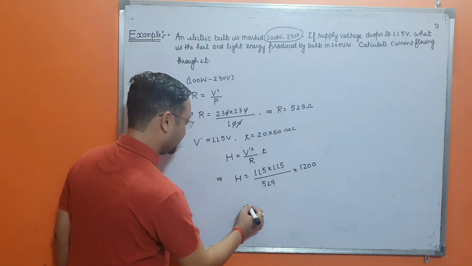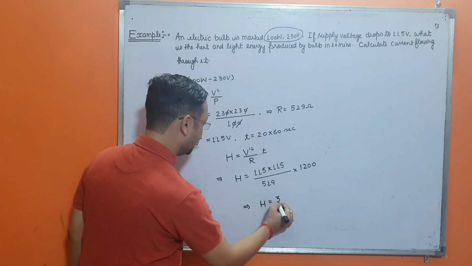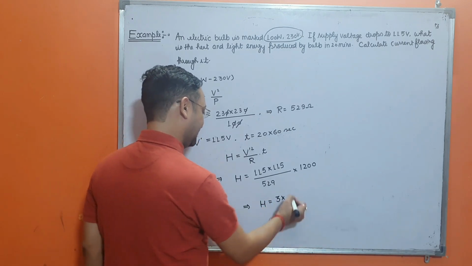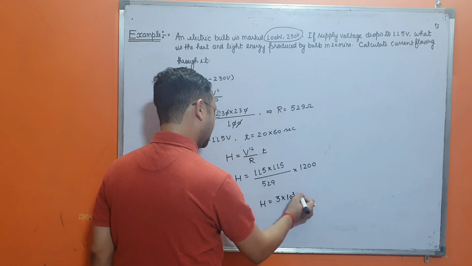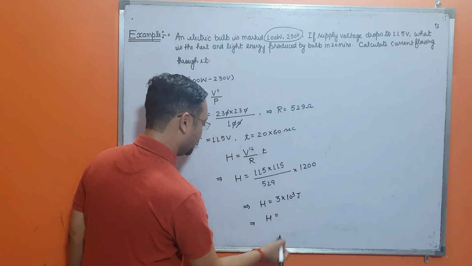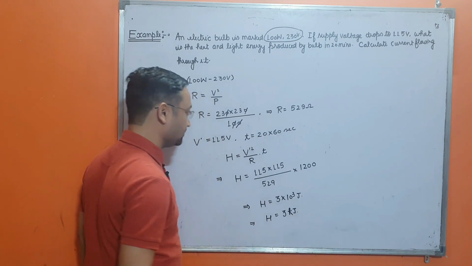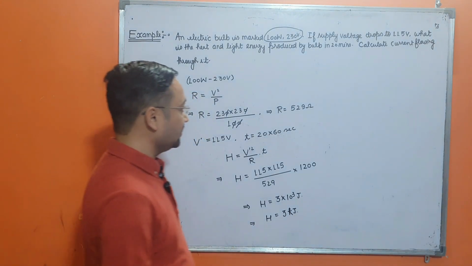When you find this value, H will be nearly 3 into 10 to the power 3 joule, and when you round off, H will be equal to 3 kilojoules. This will be the amount of heat produced.